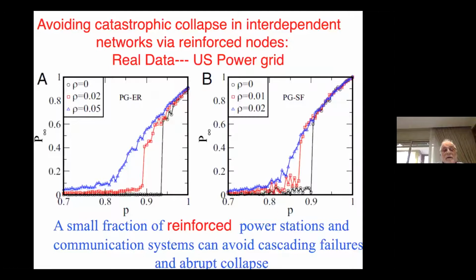This is a measurement we did on the power grid in the USA with an Erdős-Rényi communication system, and you see 1% or 2% is enough to make it continuous. Instead of being abrupt, it can be continuous. So decentralization, or reinforced nodes, is very important, and can dramatically change the fragility of the system.